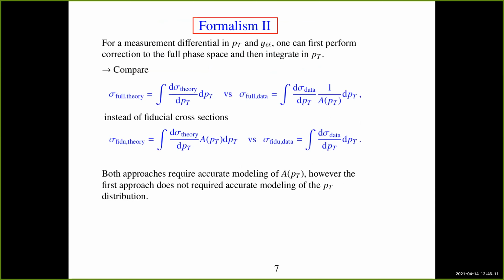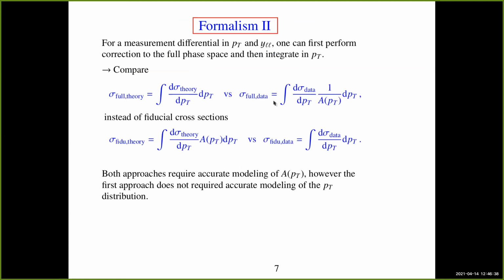Okay, right. So then the basic idea would be to perform a comparison in the full phase space where we integrate over the PT, and compare it to the fiducial comparison where we correct the theory effectively by this acceptance. Okay, so in the case of this fiducial comparison, we just perform the integration in PT straight away in the data.